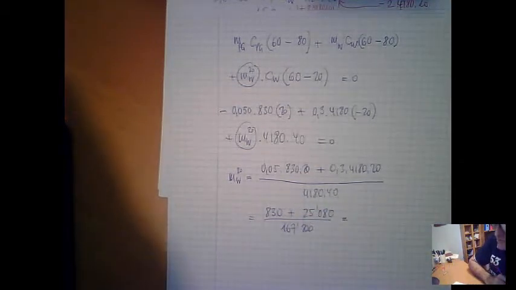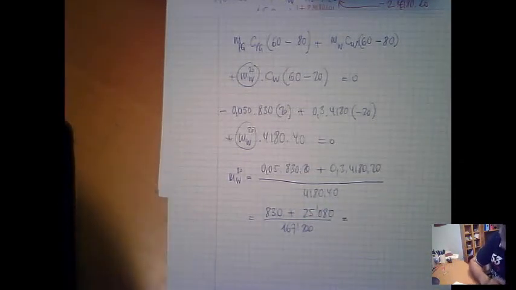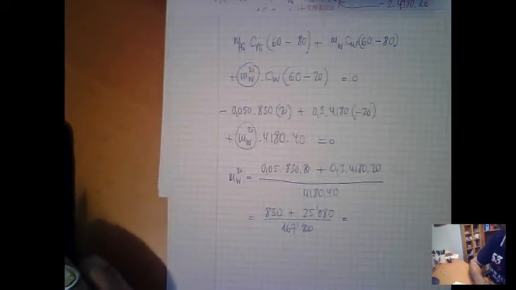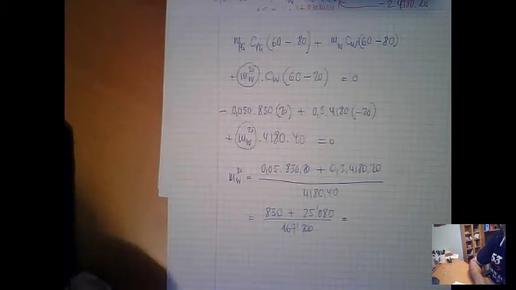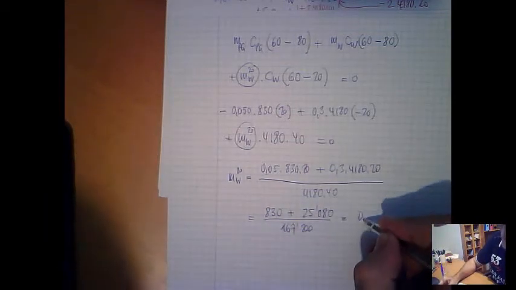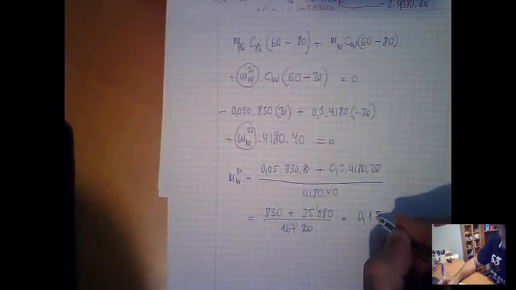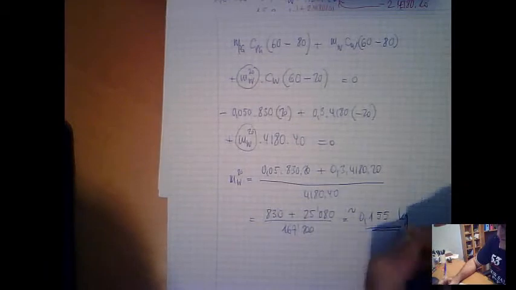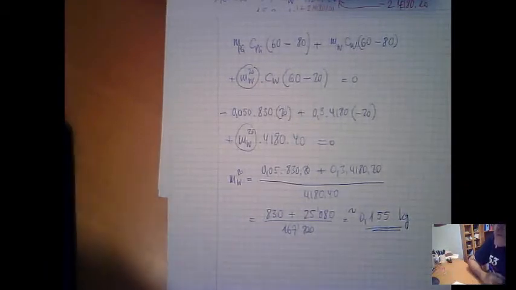So it's going to give less than a kilo. This is 25,080 plus 830 divided by 167,200, and this is now 0.155 approximately kilograms. Is this what you found?